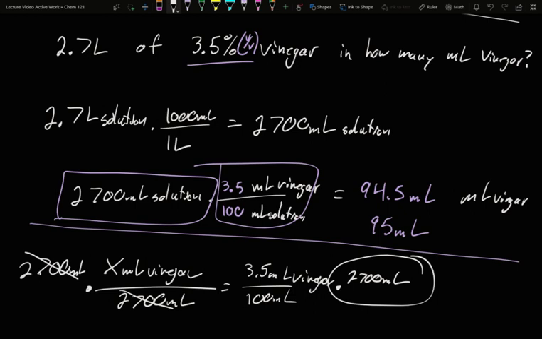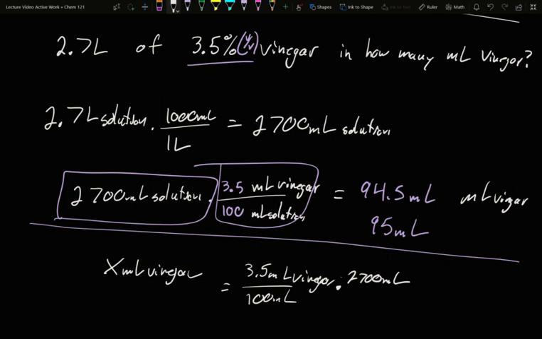This now means I have vinegar all on its own: 3.5 times 2,700 divided by 100. x milliliters will equal 95 milliliters. It'll give us the exact same answer. Truth is, it does the exact same calculation. It's just another way to think about it.